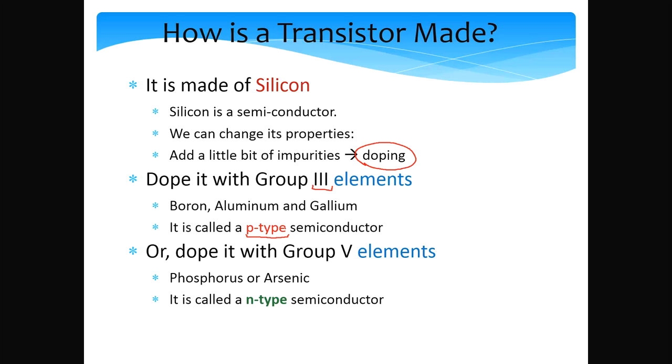Similarly, if we dope it with group 5 elements of the periodic table, like phosphorus and arsenic, it is called an N-type semiconductor. Recall that in the periodic table, in the outermost band, silicon has 4 electrons, group 3 elements have 3 electrons, and group 5 elements have 5 electrons.